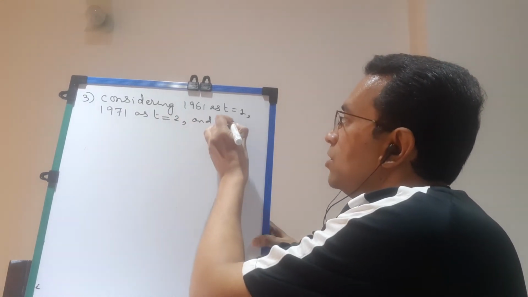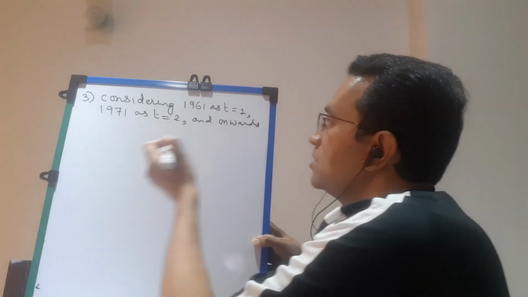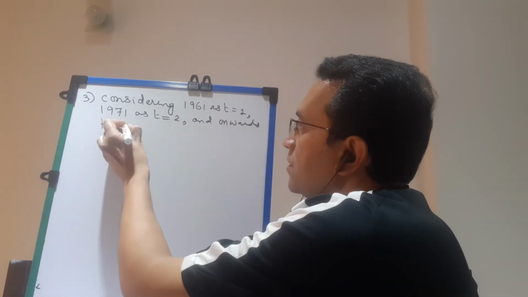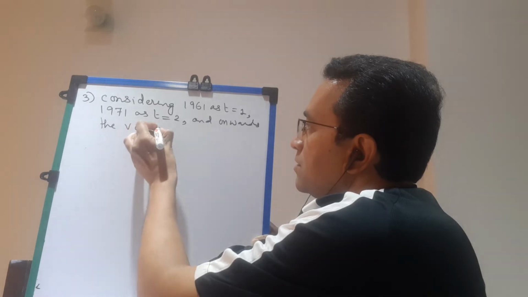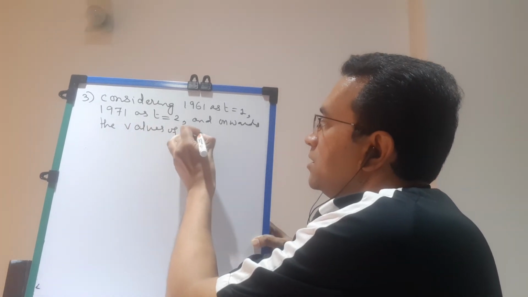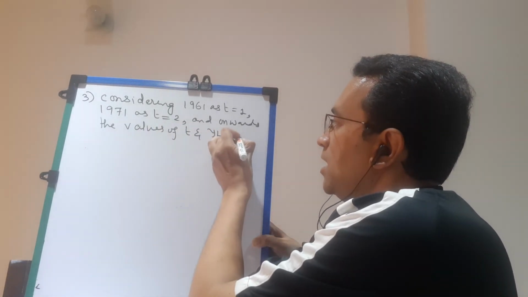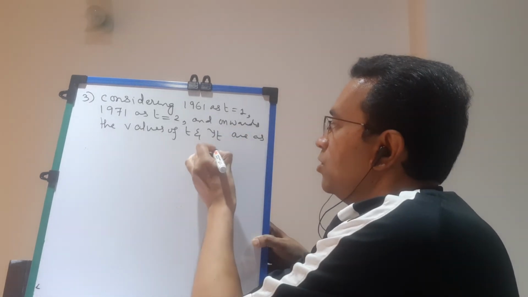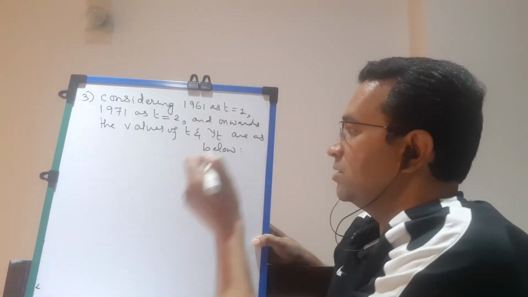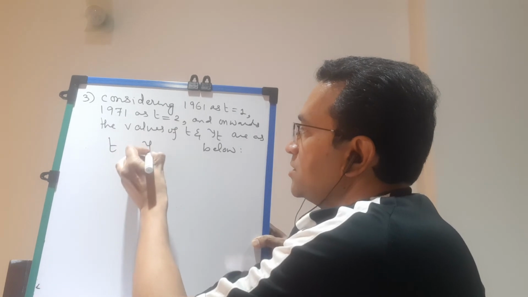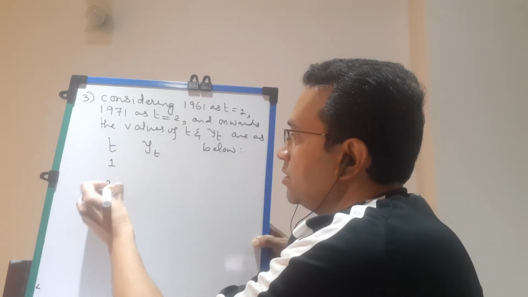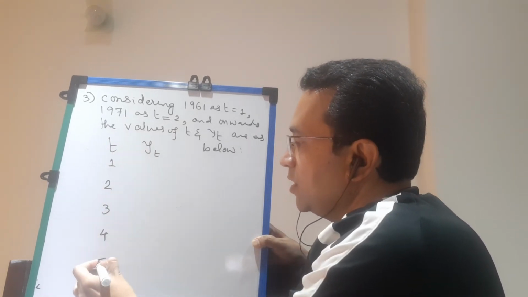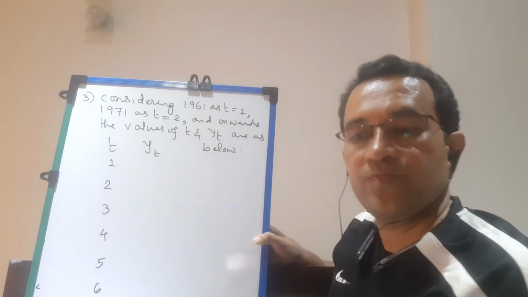And onwards, the values of t and yt are as below. So first column of t, second column of yt: 1, 2, 3, 4, 5, 6.